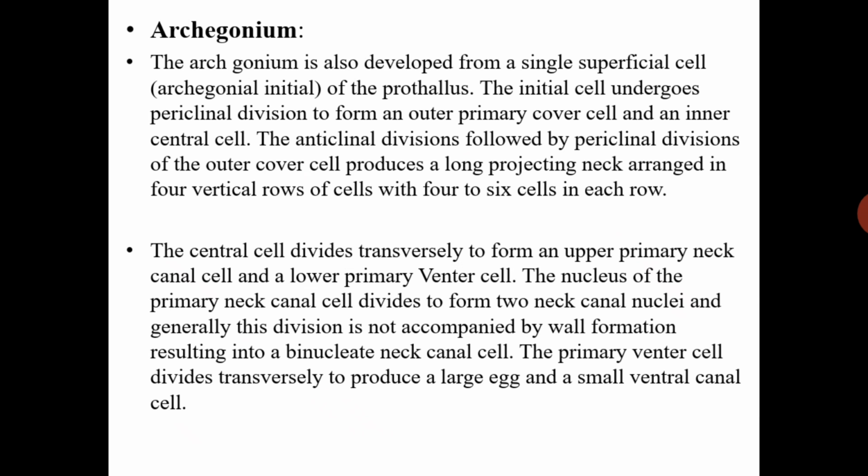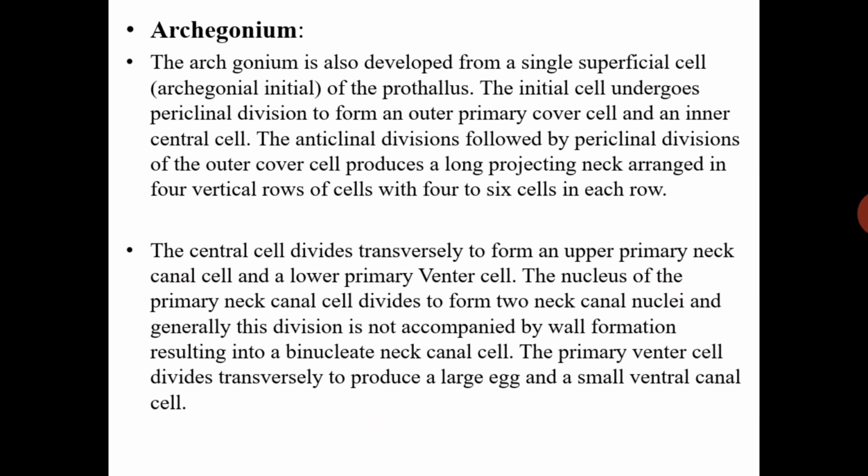The central cell divides transversely to form an upper primary neck canal cell and a lower primary venter cell. The nucleus of the primary neck canal cell divides to form two neck canal nuclei, and generally this division is not accompanied by wall formation, resulting in a binucleate neck canal cell.